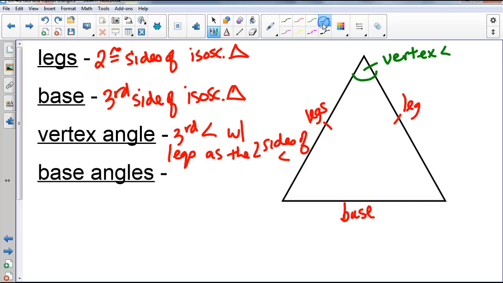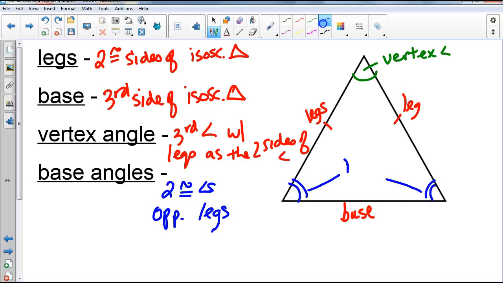And then finally, we have your base angles. These are the two congruent angles opposite the legs. So here and here, these are called your base angles. Okay?